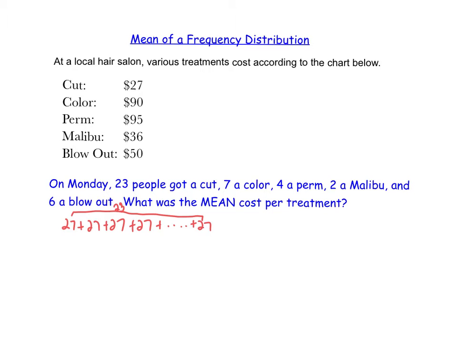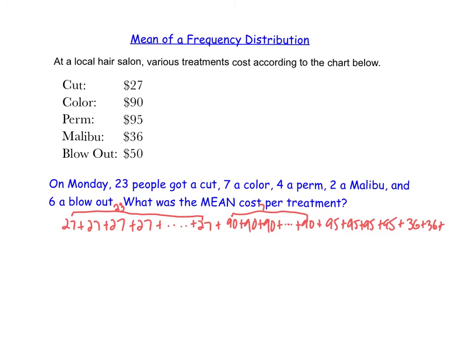And then you'd have 7 colors, so plus 90 plus 90 plus 90 plus, there'd be 7 90s, right? And then there would be 4 perms, so plus 95 plus 95 plus 95 plus 95. And then there were 2 Malibus, so plus 36 plus 36.